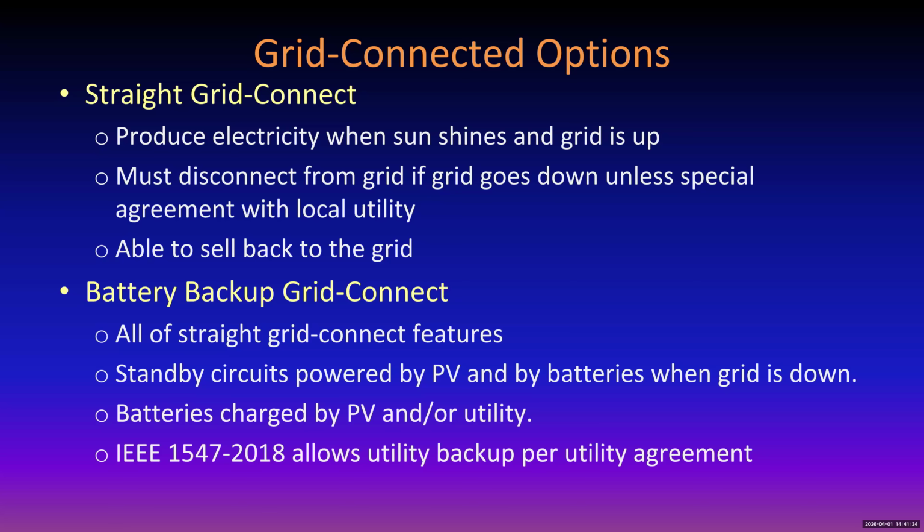And there is a possibility that you could use this battery backup grid connect system as an assist to the grid if you store electricity during maximum production hours between, say, 10 and 2, and then at 6 o'clock, if the utility would like some electricity to meet their peak demand, it is possible now for them to communicate with your system and arrange for a deal to buy some electricity back from you. Okay? That's on the battery backup systems.